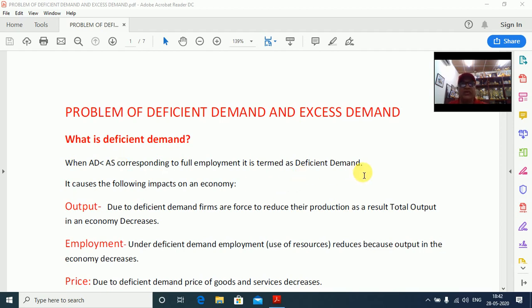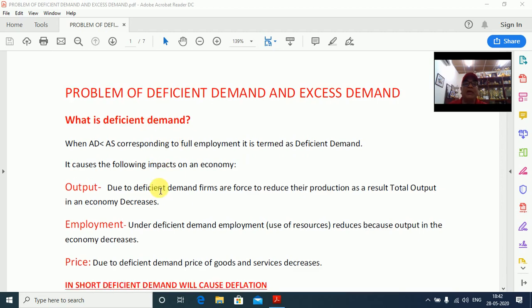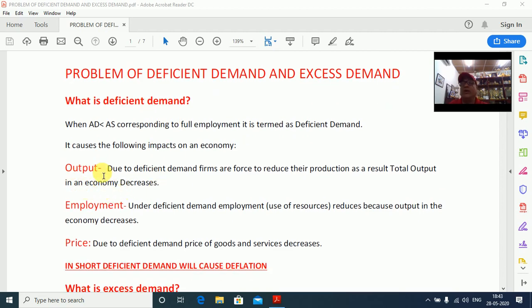That is called deficient demand. Now, what is the impact of deficient demand? If there is less demand, naturally the firms and producers will go for less production. They will reduce production because there is already less demand for their goods and services in the market. And when they decrease production, they will minimize the use of resources. So what is going to happen to employment?